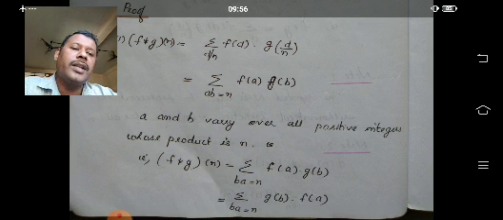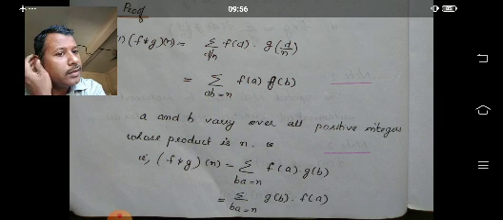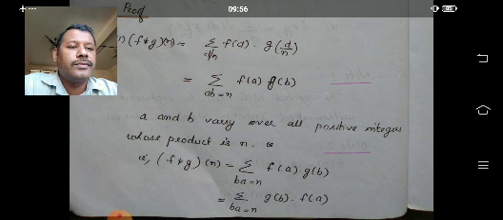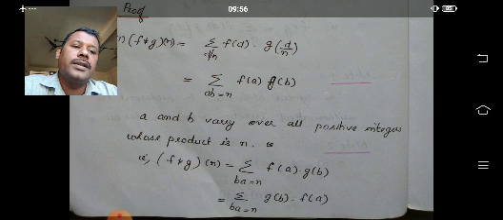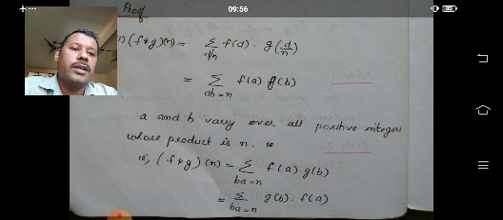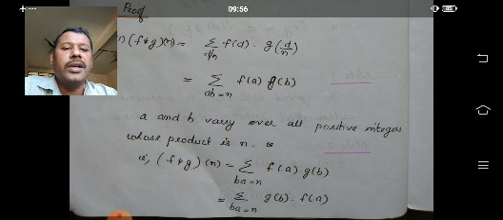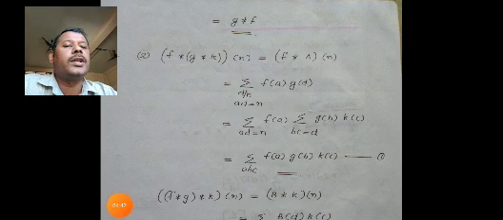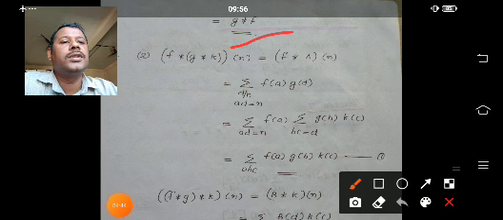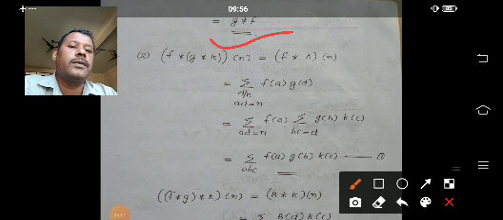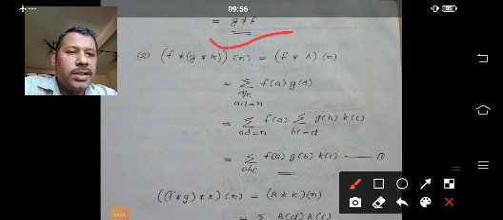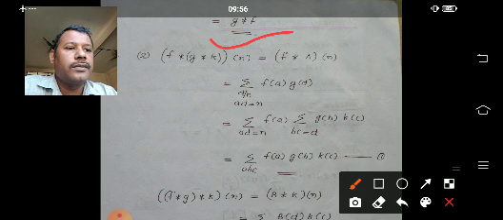Okay, that equals the summation over ba equal to n of g(b) f(a). Now the product is commutative, f(a) g(b) equals g(b) f(a). Okay, that equals g star f. Therefore f star g equals g star f.